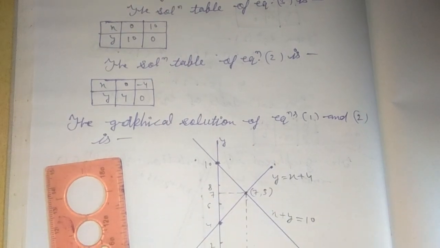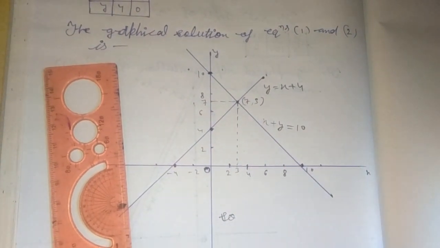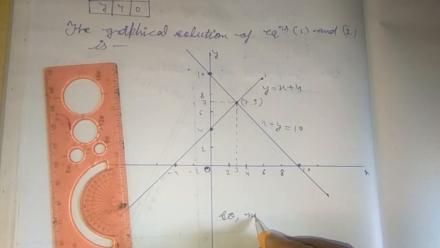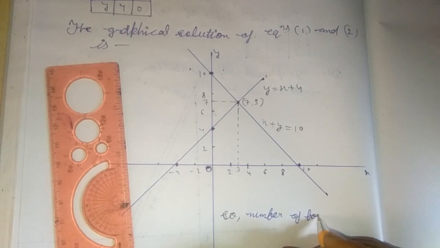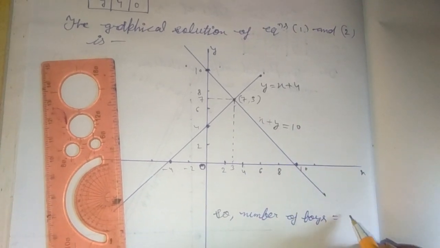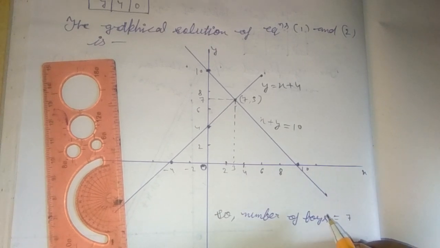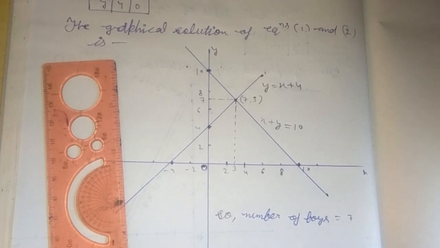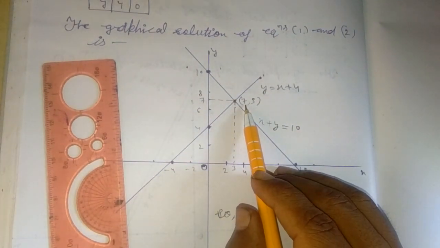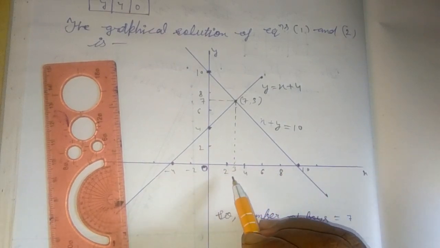So here we can write the number of boys. The number of boys is x.